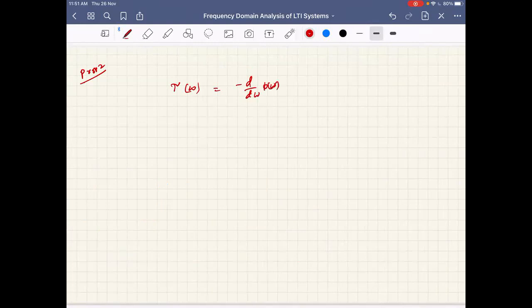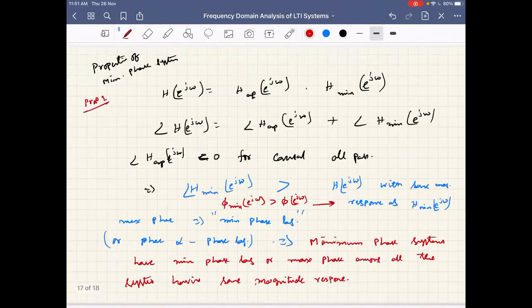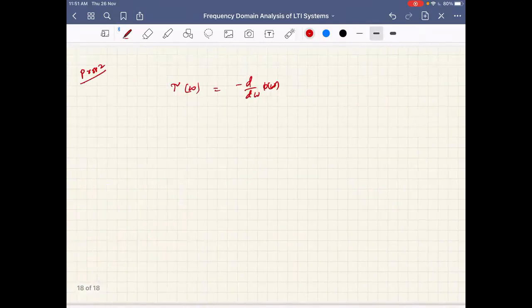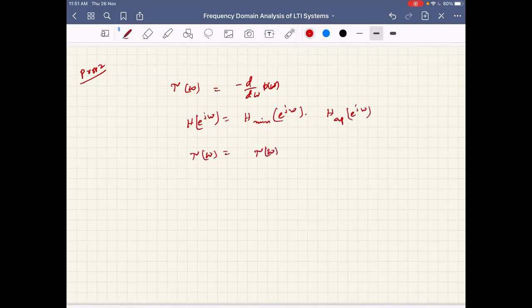We have seen that the group delay and phase are related, and hence when we write H(e^{jω}) equal to H_minimum(e^{jω}) into H_allpass(e^{jω}), we can write the group delay of this is equal to the group delay of this plus the group delay of this.